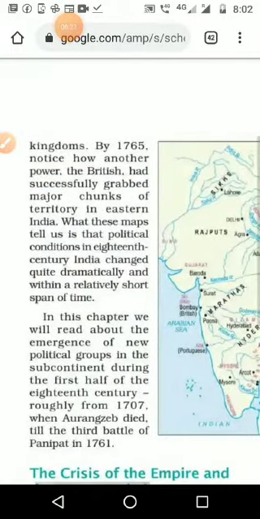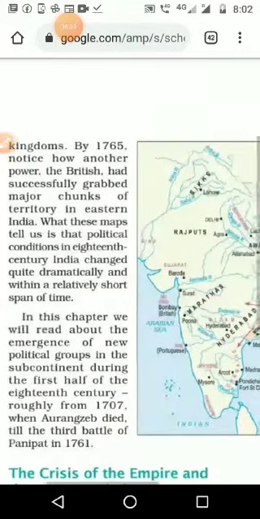By 1765, notice how another power, the British, had successfully grabbed major chunks of territory in eastern India. What these maps tell us is that the political conditions in 18th century India changed quite dramatically within a relatively short span of time.